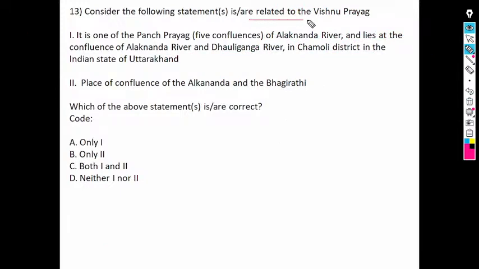Next, consider the following statements related to the Vishnu Prayag. It is one of the Panch Prayag. Panch Prayag means 5 confluences. It is a confluence of Alkananda river and Dhauliganga river in the Chamoli district in the Indian state of Uttarakhand.